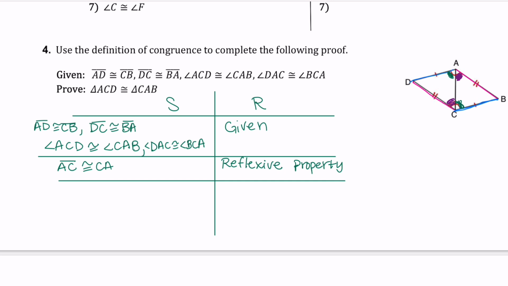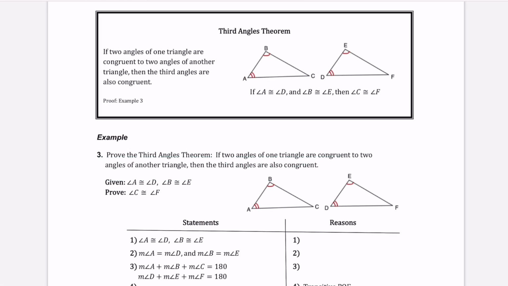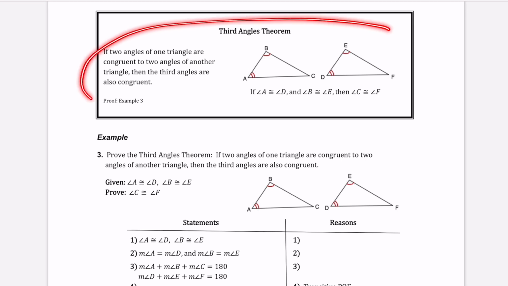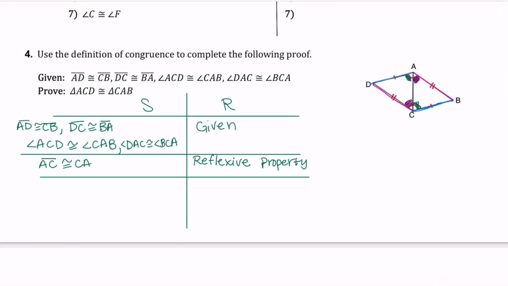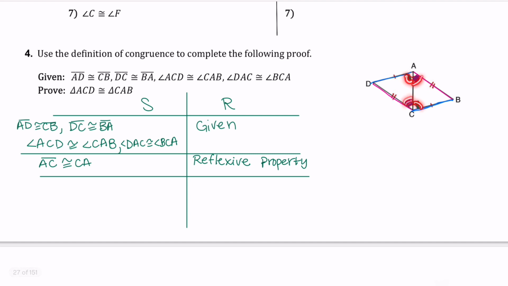Now we just need to show that angle D and angle B are congruent. We just learned about the third angles theorem, which says that if two angles of one triangle are congruent to two angles of another triangle, then the third angles are congruent to each other. So since we know that two angles are congruent, then we know that angle D has to be congruent to angle B by the third angles theorem.